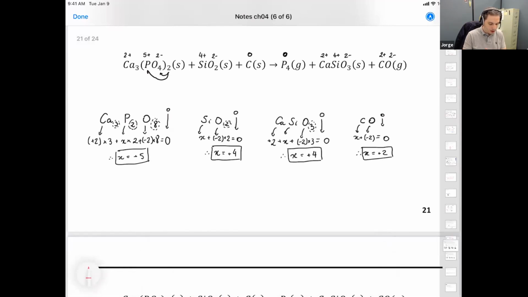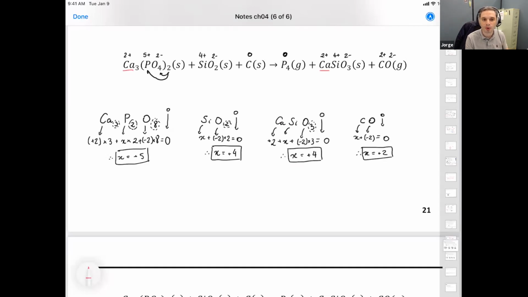Okay, now that we determined the oxidation number for each element in each compound in the chemical reaction, I want you to look at all the oxidation numbers and try to note any sort of change that happened. If we start looking at calcium, the oxidation number started at 2 plus, and at the end, right here, we have 2 plus.